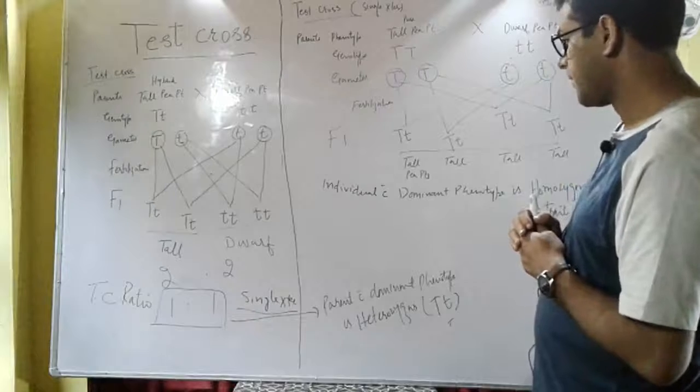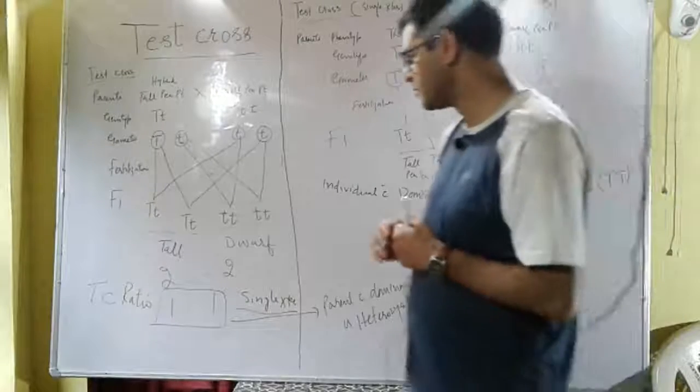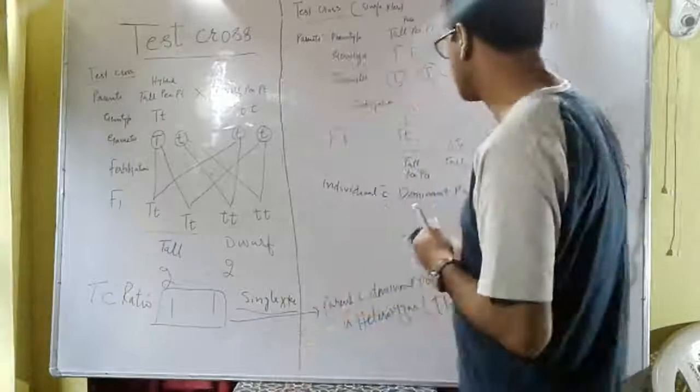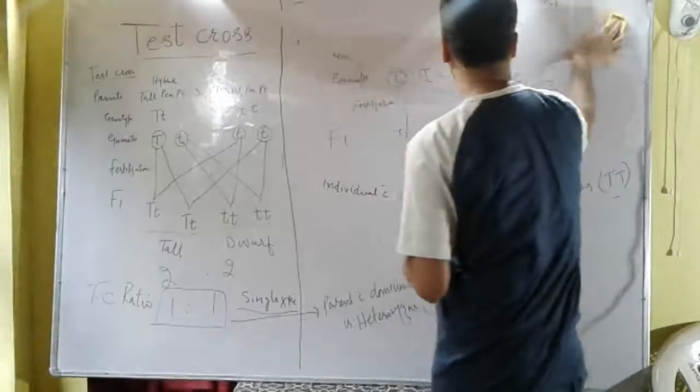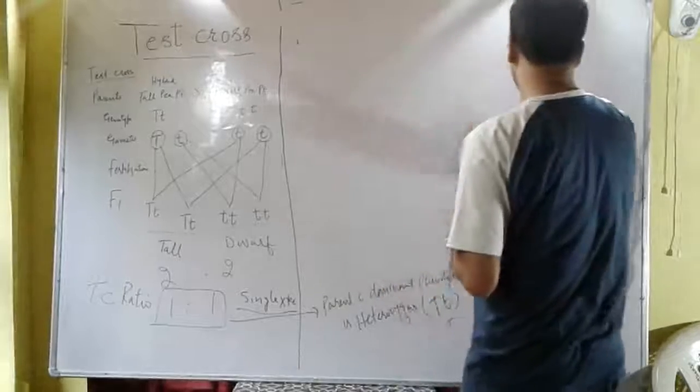This was in case of a single character: the test cross ratio in case of a single character is 1:1. Now in case of two characters, what is the test cross ratio?